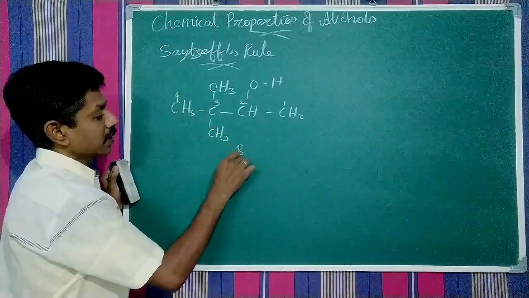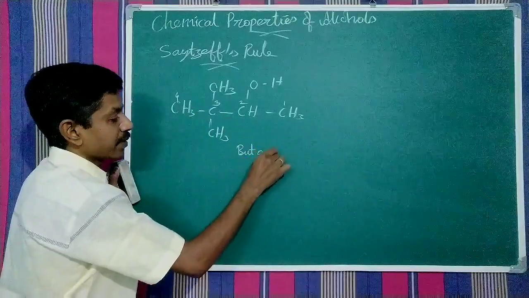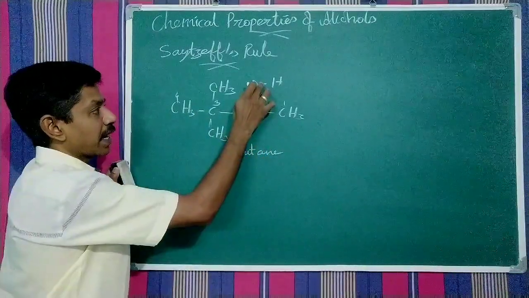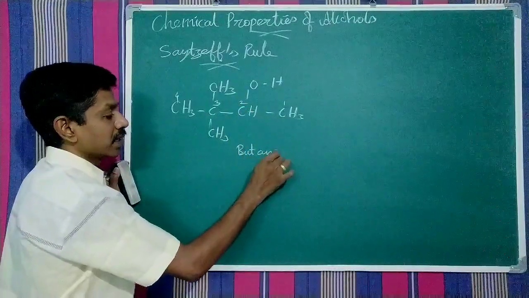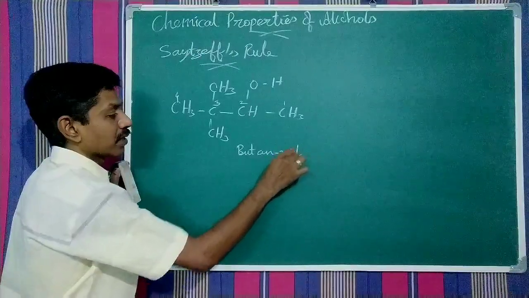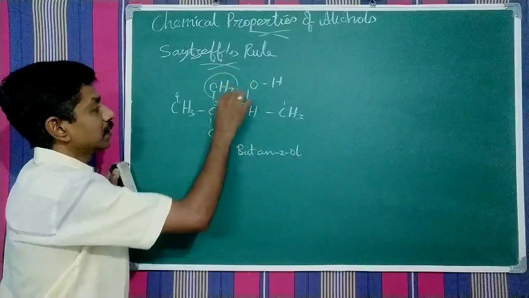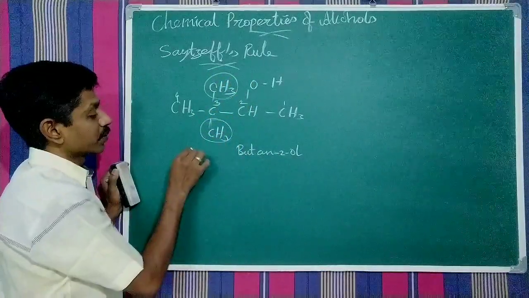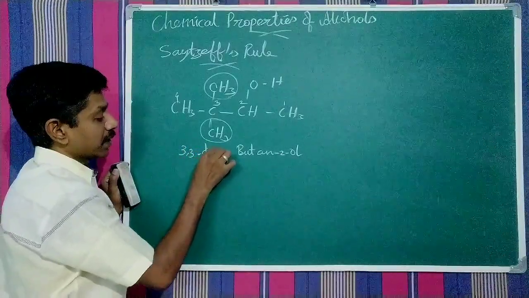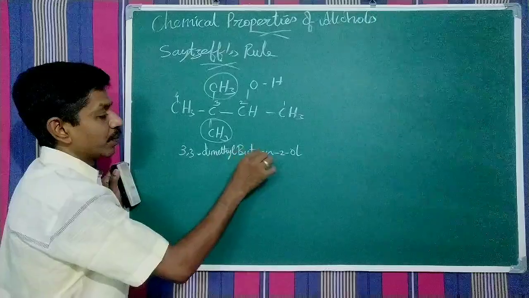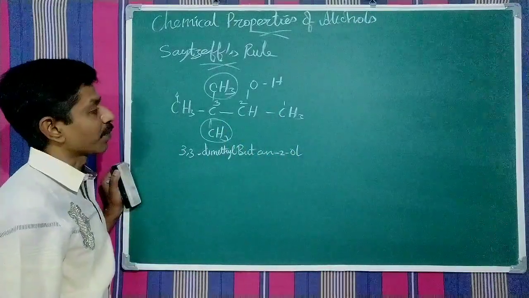So 4 carbon atoms, the root is but, single bonded, so it ends with ane, butane, and it is an alcohol, that too in the second position, so remove this e and add ol, so it is butanol. And in the third position there are two methyl groups, I can say 3,3-dimethylbutan-2-ol is the actual IUPAC name for this compound.